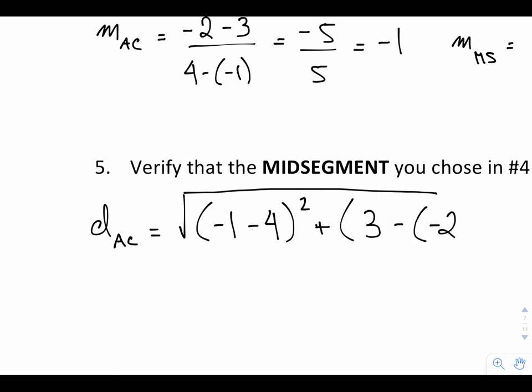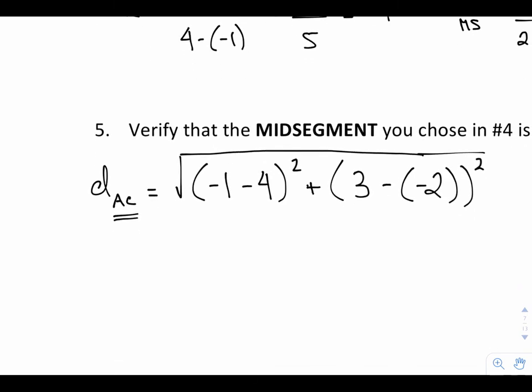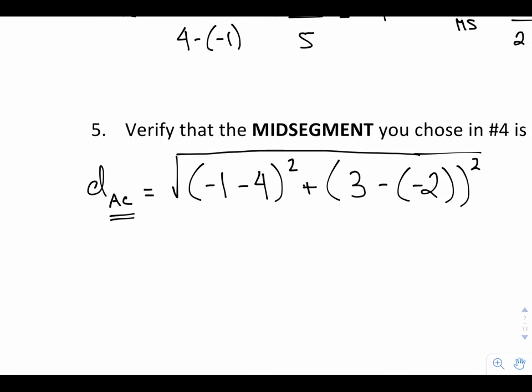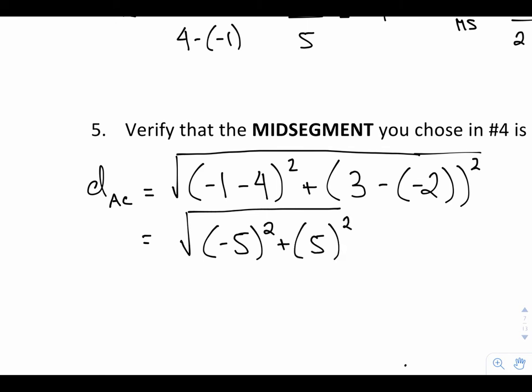I'm not going to tell you the points I'm using because it's indicated here. But please check the diagram to make sure that you understand where these points are coming from. This leaves me with the square root of negative 5 squared plus 5 squared, which is equal to the square root of 50, which is approximately 7.1.